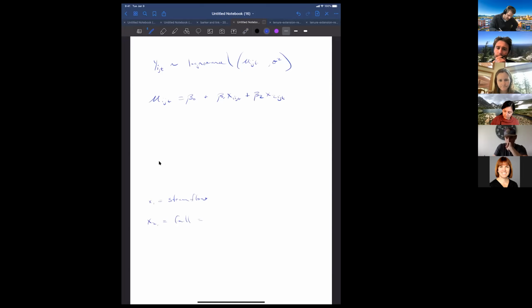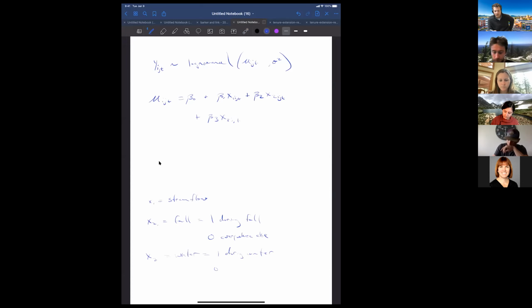And X2 equals 1 during the fall and 0 everywhere else. And then you have plus beta 3 times X3 IJT, where X3 equals winter, and 0 everywhere else, and so on.